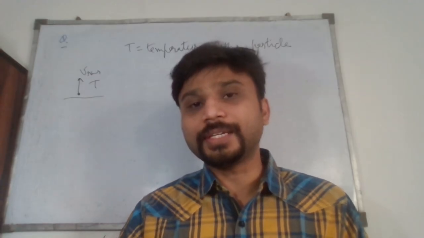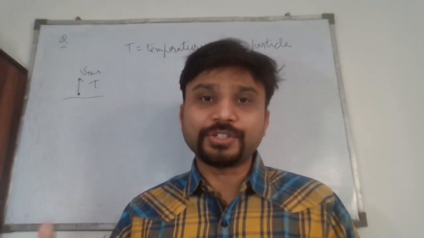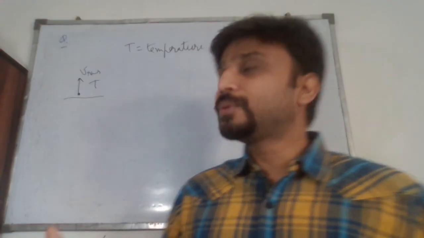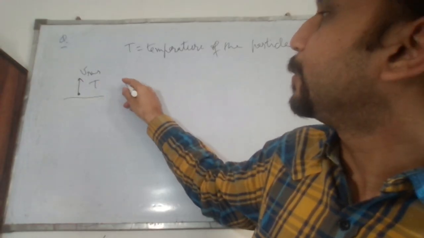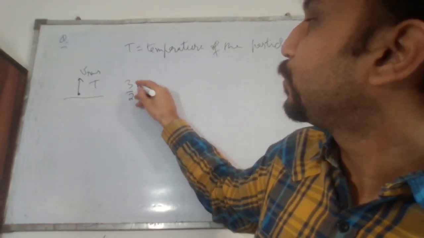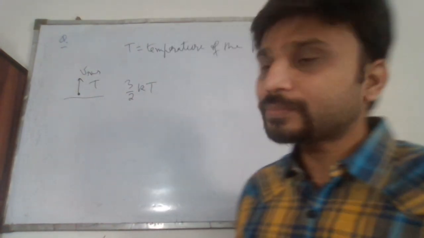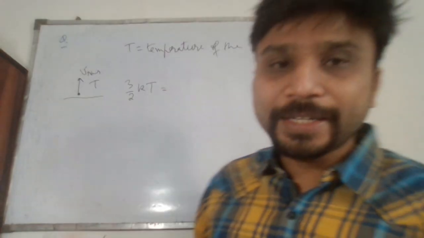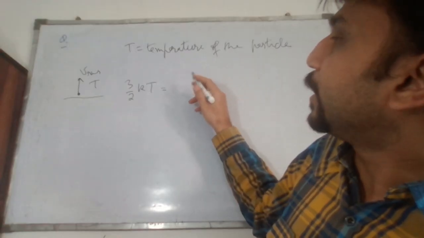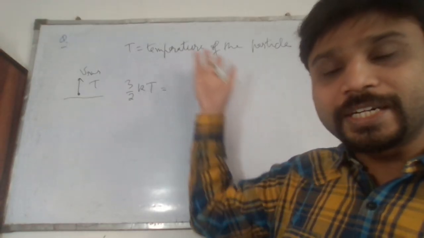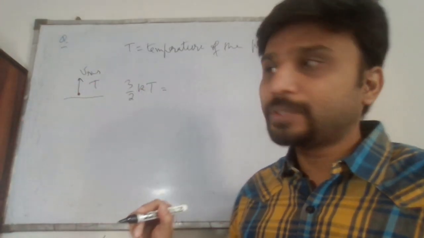We'll have to use the general expression of gravitational potential energy. So, what is the kinetic energy of this gas particle? It would be 3 by 2 kT, because we know the temperature of the gas. This will be equal to whatever potential energy change has happened to this particle.